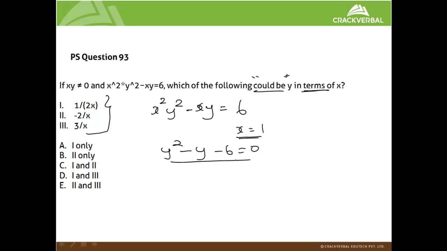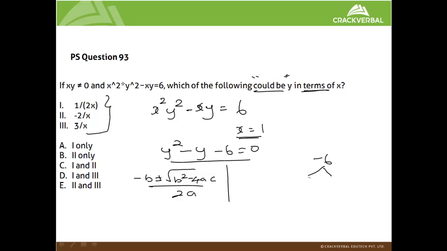We can find the roots by multiple ways. We can use the formula minus b plus or minus square root of b square minus 4ac by 2a, or we can factorize. How can we factorize this? The product of the two roots has to be minus 6 and the sum of the values has to be minus 1.